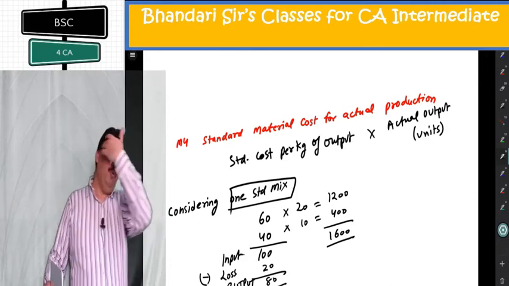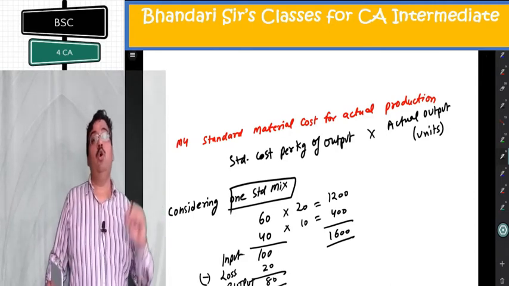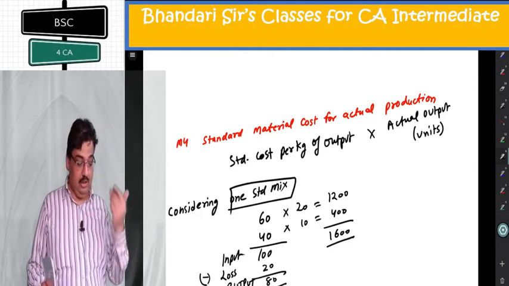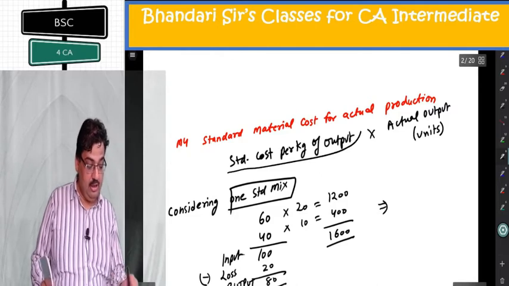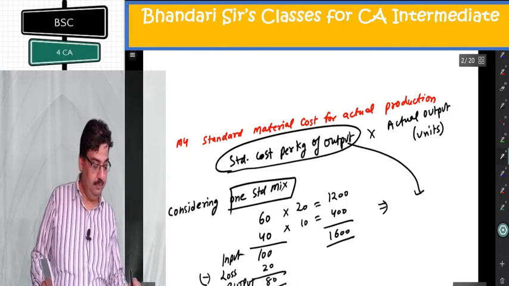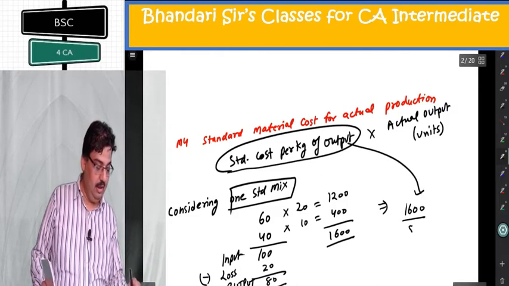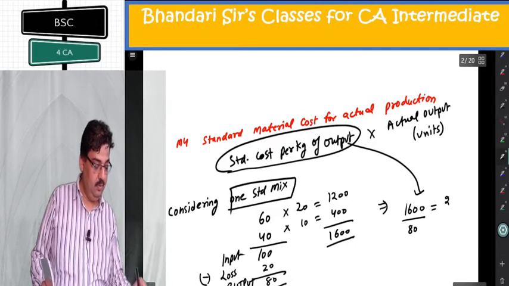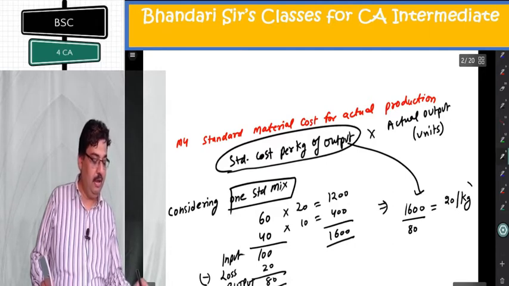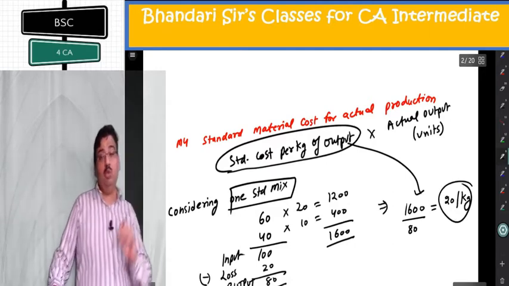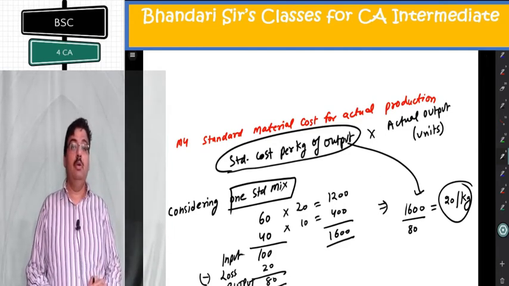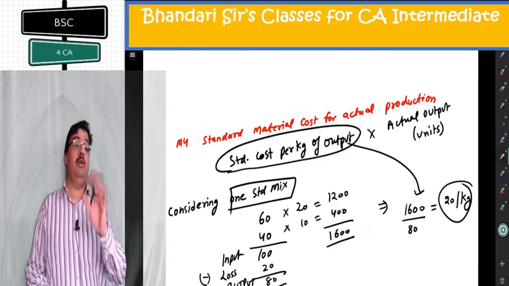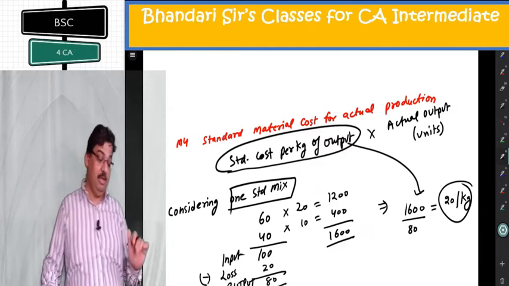When your input is 60 and 40, your output is 80, your cost is 1600. So standard cost per kg of output is 1600 divided by 80, which will be 20 per kg. You may use 6 lakh, 4 lakh input. The ratio should be standard, loss should be standard 20% of input. Your answer will be the same, 20 per kg.